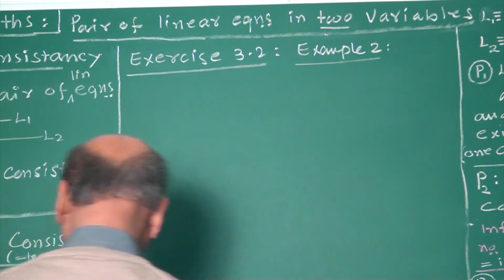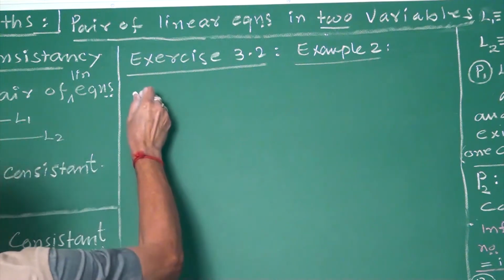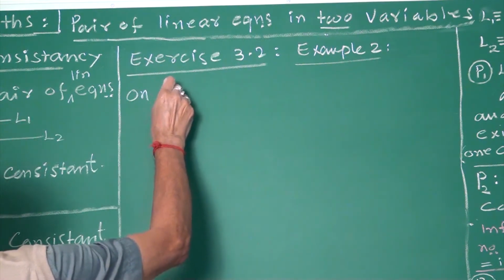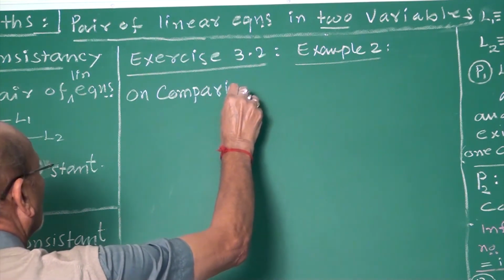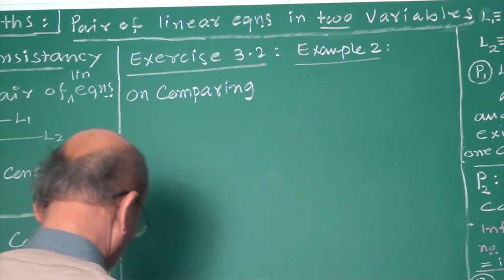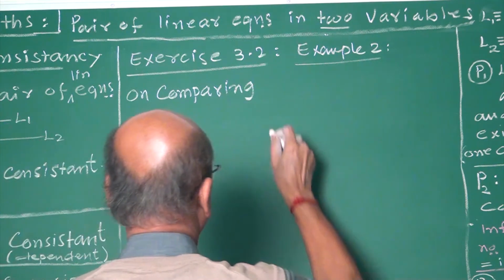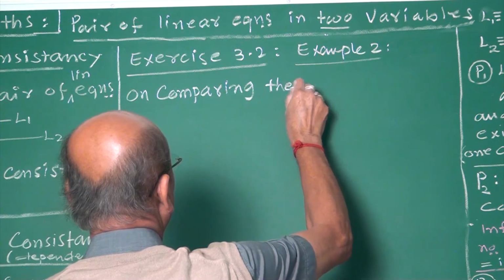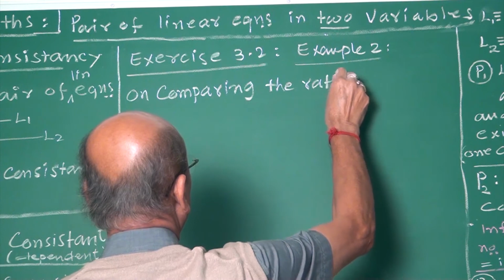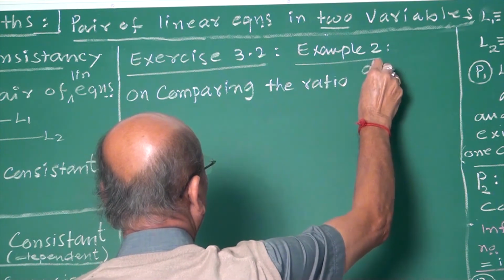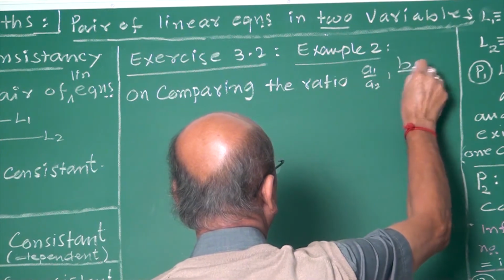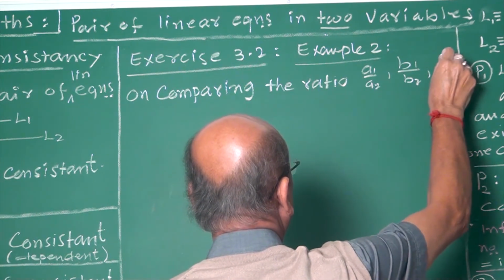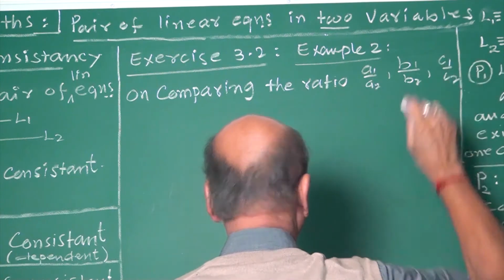It is the statement on comparing the ratios A1 upon A2, B1 upon B2, and C1 upon C2.